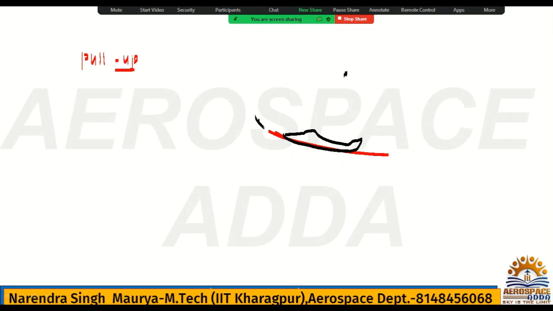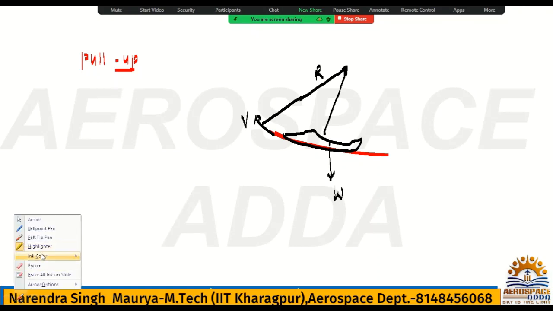So this arc will have a radius R from the center. I told you that weight will be acting in downward direction. Here, this is the velocity of the aircraft. Perpendicular to this velocity will be the lift force. So you can say this is the lift.